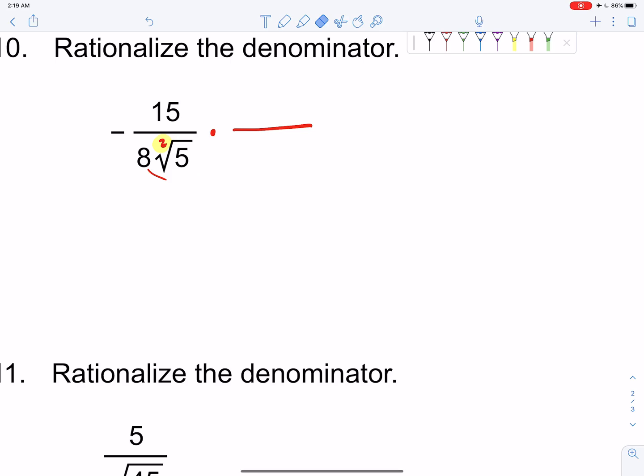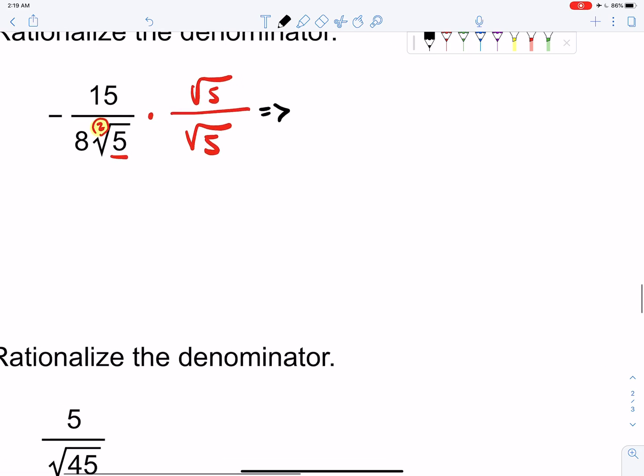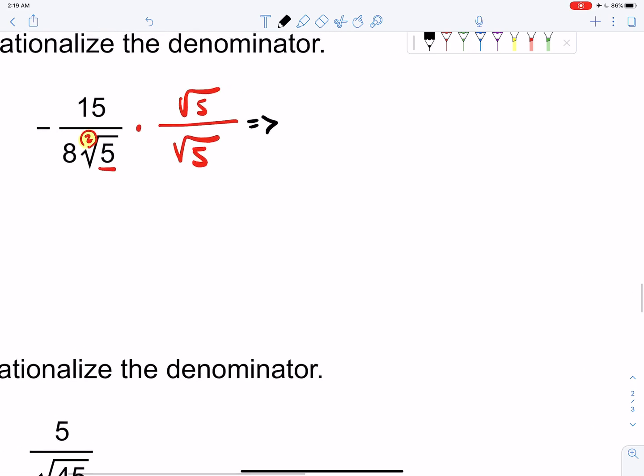The 8's already good to go, already out of the radical. So the minimum, all we need, it says we need 2. Well, we have 1 square root of 5 inside, so we need another square root of 5. So that's the minimum. We always like to do the minimum because if we don't, we're going to have to do a bunch of reducing in the end.